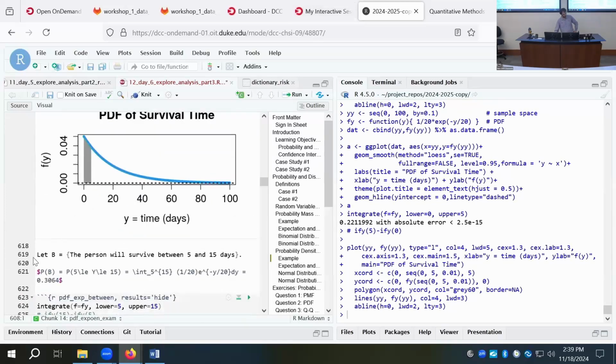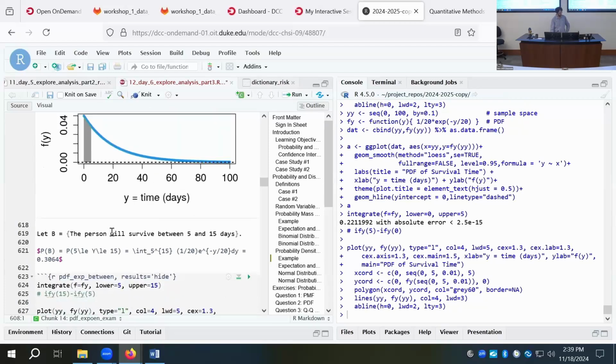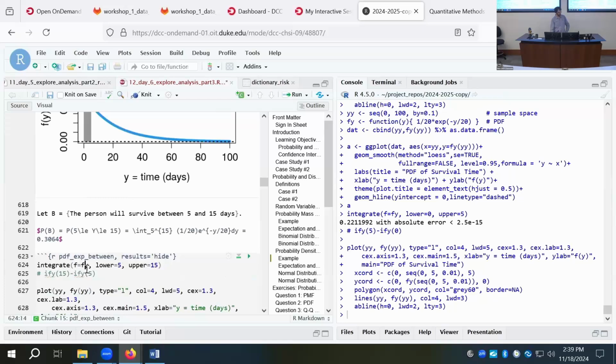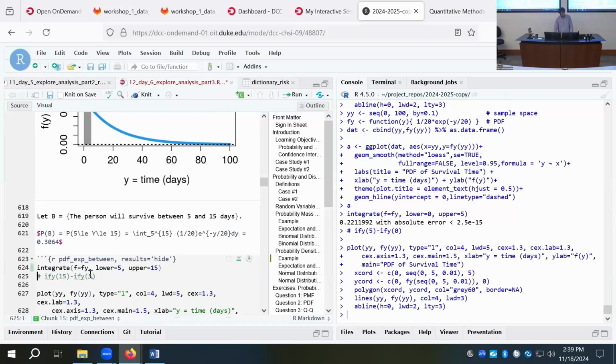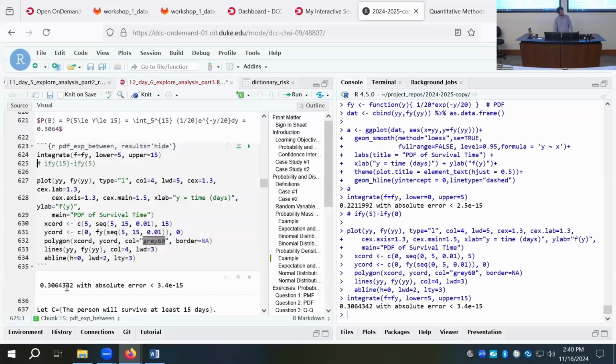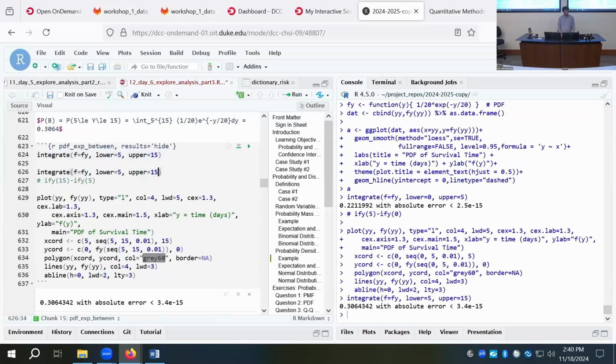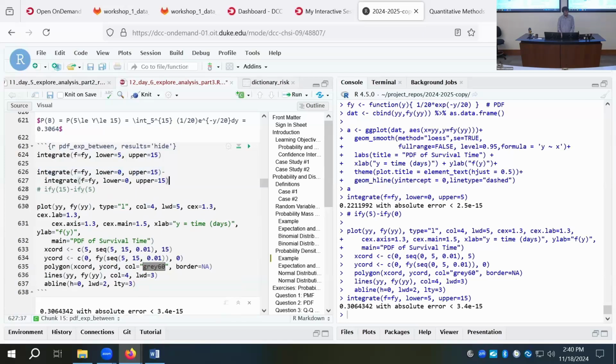Okay, so if we want to know whether or not the person will survive between 5 and 15 days, it's going to be integrate f of y, lower 5, upper 15. And that's going to give us 0.306, right? So another way you can calculate this is to do 0.15 minus 0.5.